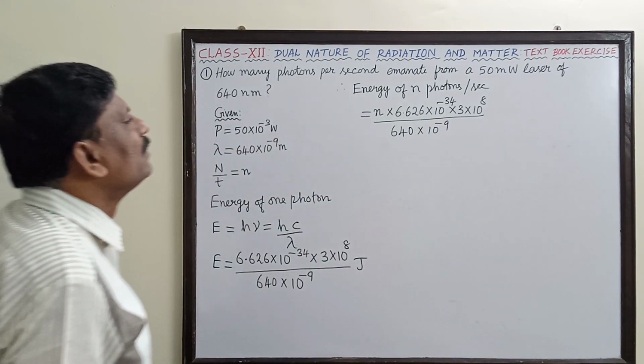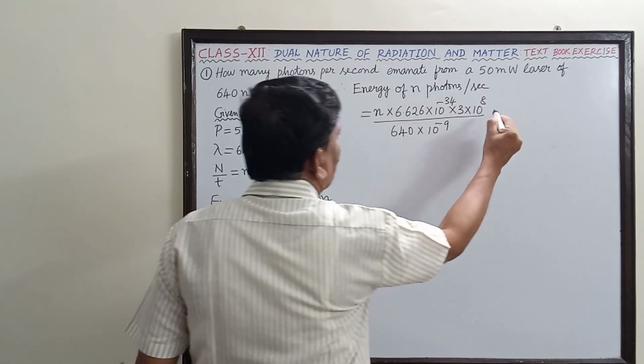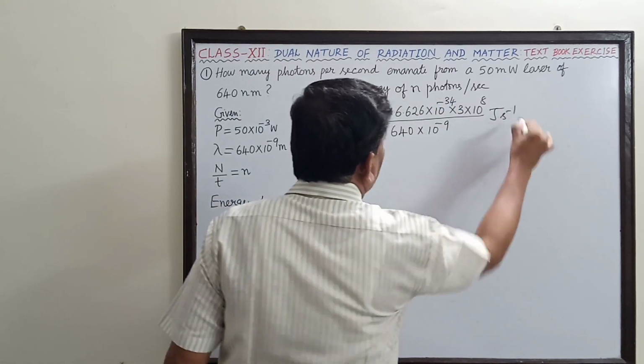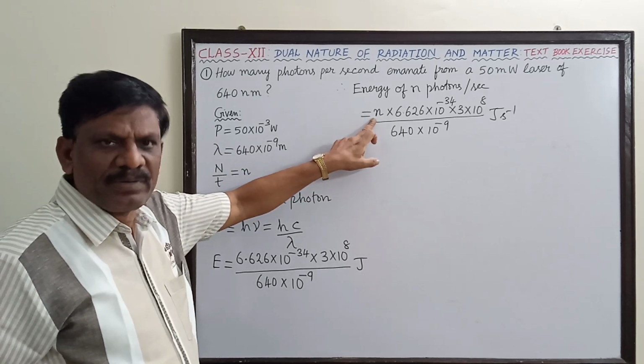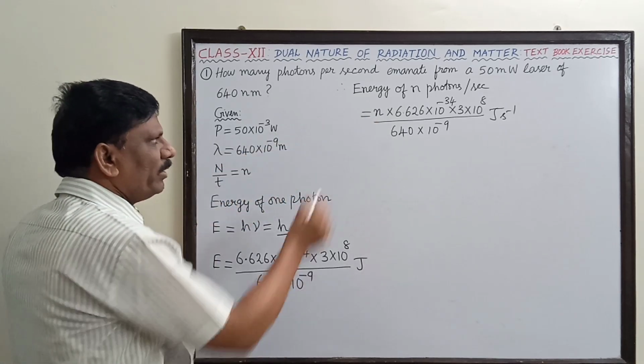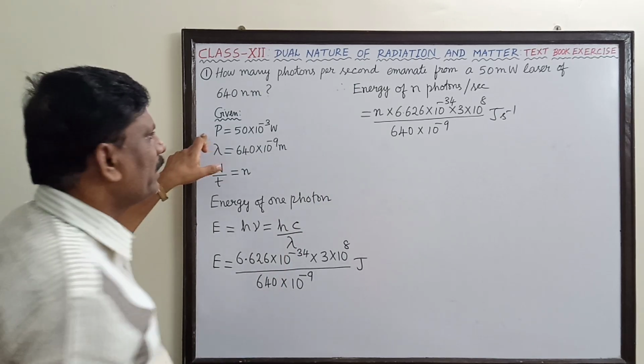So this is a joule per second, because this is the number of photons emitted per second. So on the left side I am going to equate this to the power.